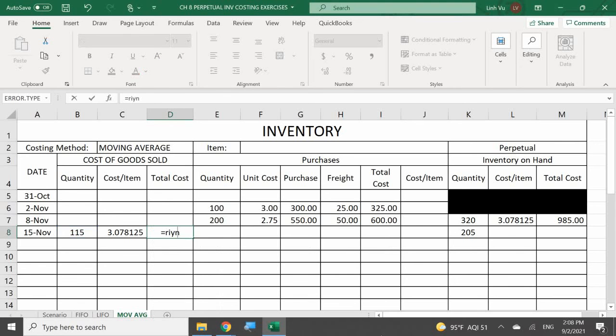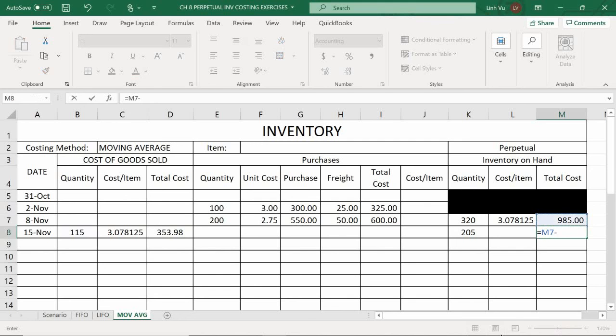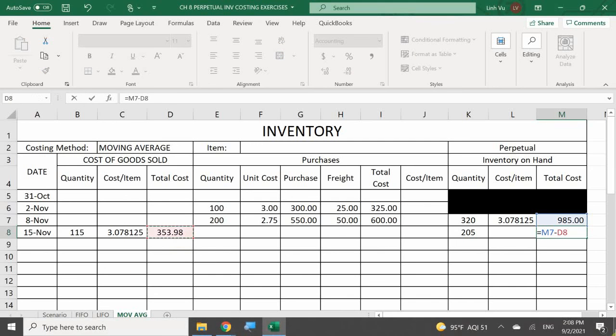Let's see what it's on. 353.98 is correct. And then our inventory on hand.